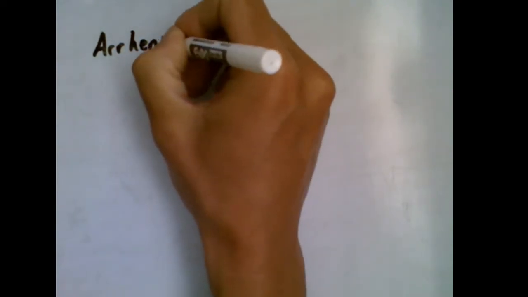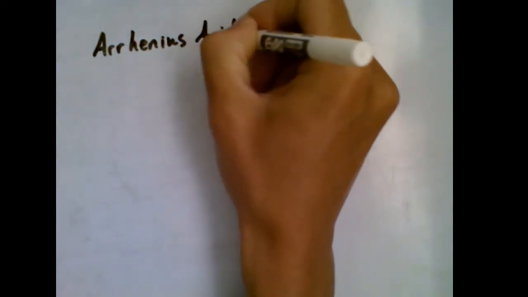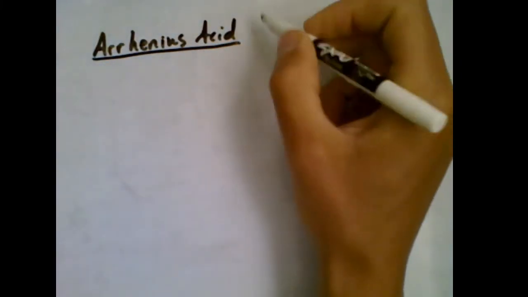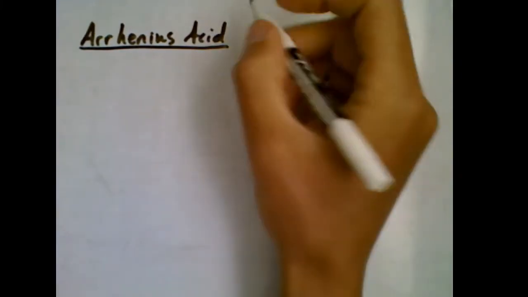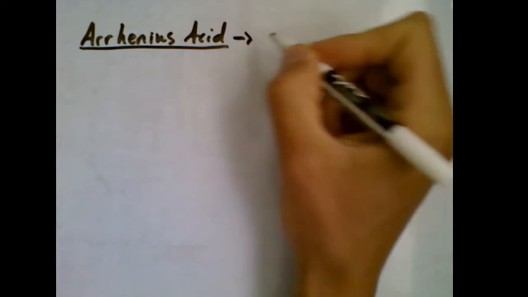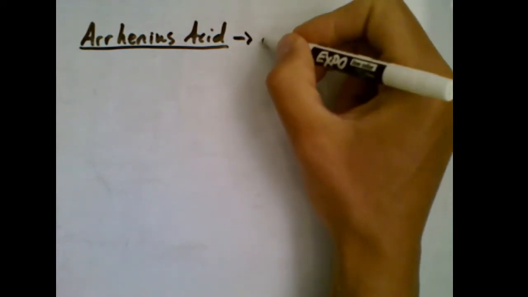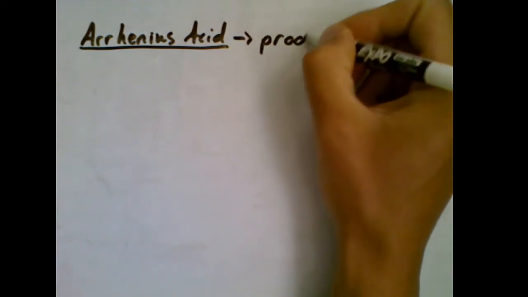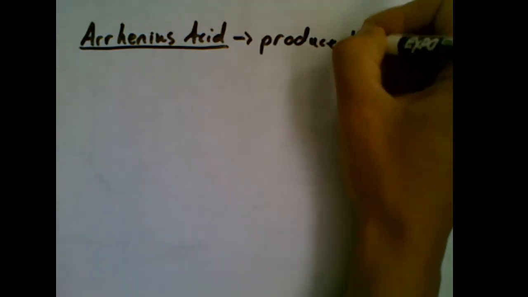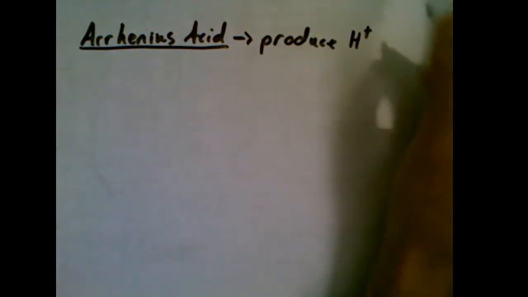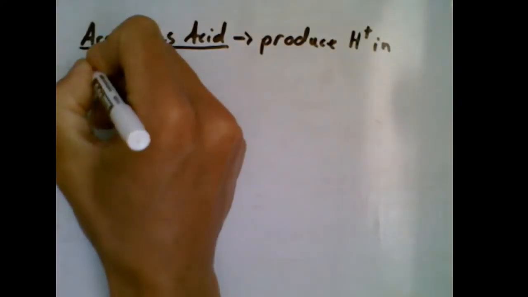An Arrhenius acid is one that produces H+ in a solution. That is really the defining characteristic when it comes to this definition. So an Arrhenius acid will produce hydrogen ions, H+, in a solution.